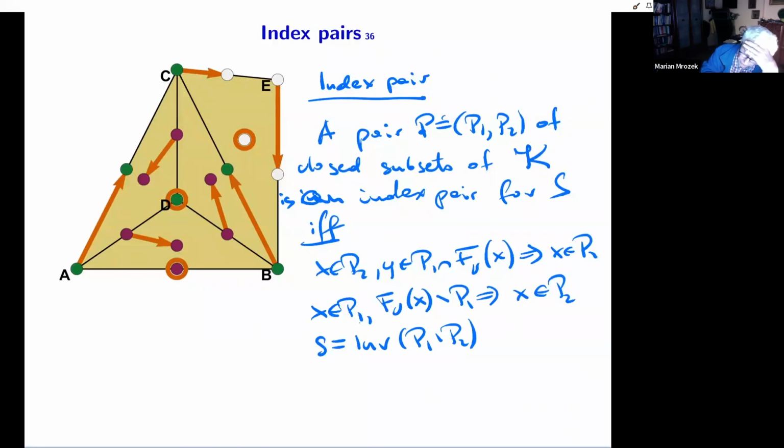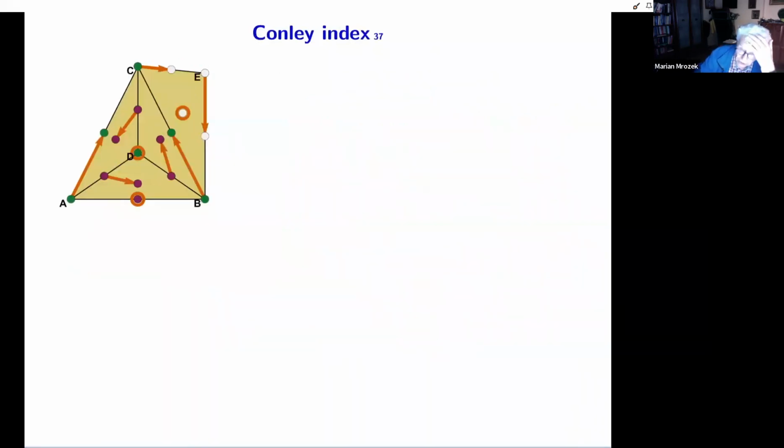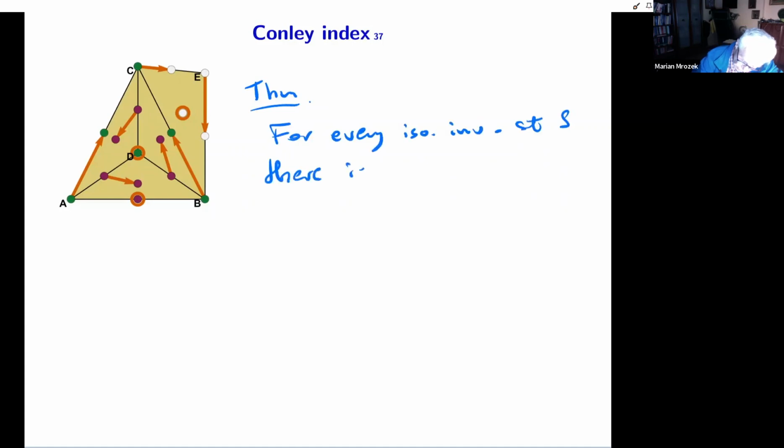when I started. And now how do you define the Conley index? You have the theorem. Very exact counterpart of the classical theorem on which the definition of the classical Conley index is defined. For every isolated invariant set S, there is at least one index pair.